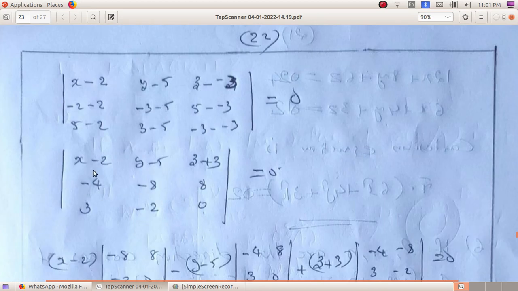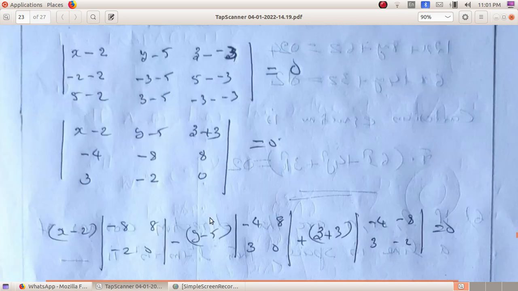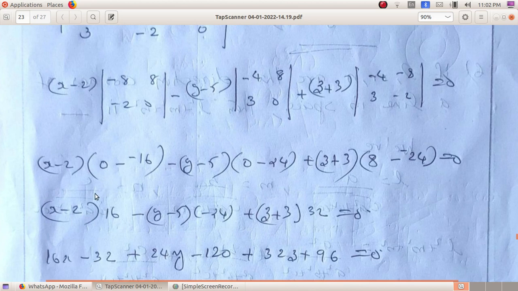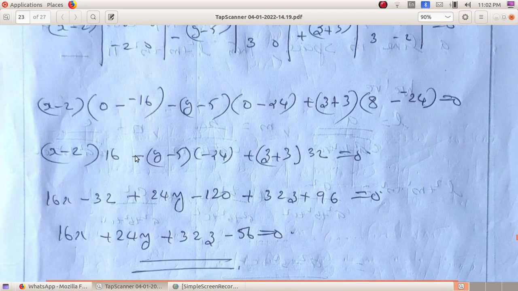Okay. Then you expand: x minus 2 into, cover this line and this line, minus 8, 8, minus 2, 0, minus y minus 5 into, cover this and this, minus 4, 8, 3, 0, plus z plus 3, cover this and this, minus 4, minus 8, 3, minus 2. Okay, 0. Then cross multiplication, and finally you will get this step and this step finally.